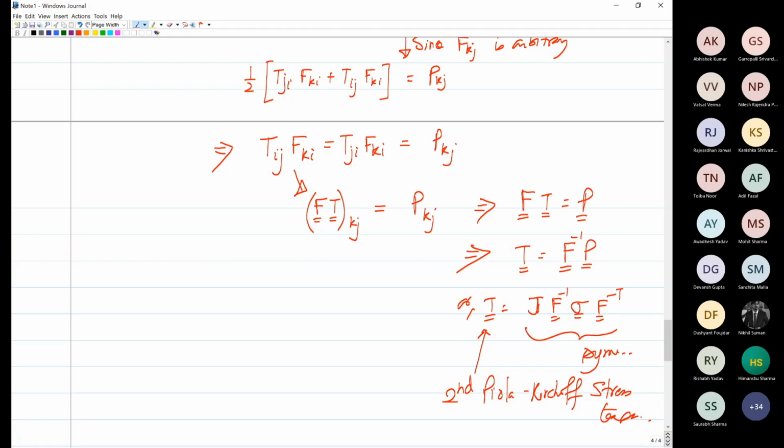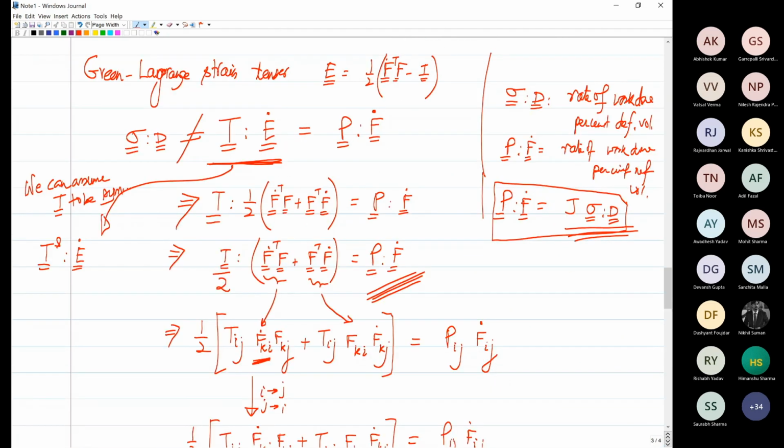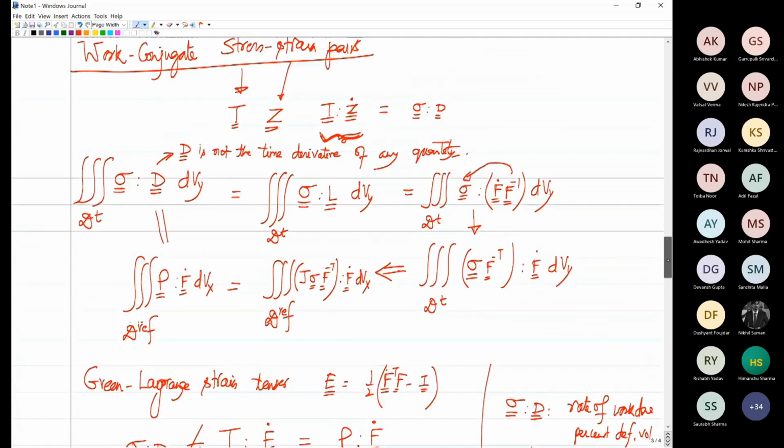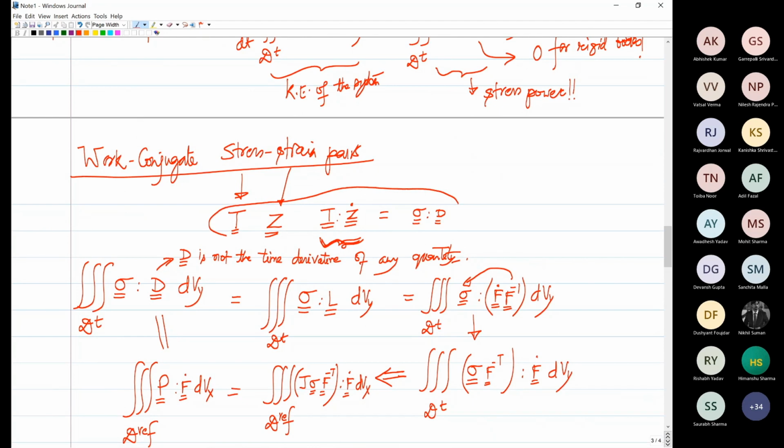Can you explain that part again where you wrote T double contraction E dot is equal to sigma double contraction D? Yes, sir. Actually, it turns out if your strain is Green-Lagrange, then there should be a J also here. But basically, what we want to do is, we saw that the stress power per unit deformed volume is sigma double contraction D, and J times sigma double contraction D per unit reference volume.